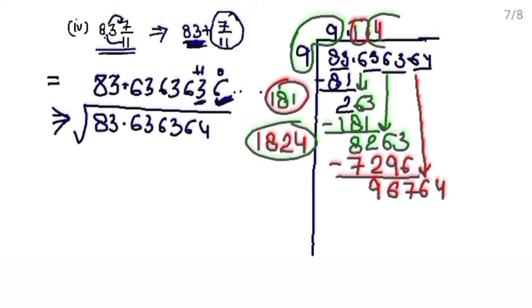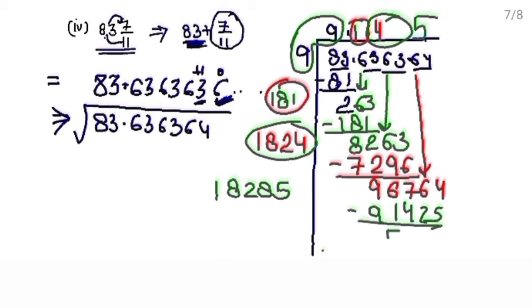Add this number to this one. We are getting 1828 multiplied by 5. This is 91,425. Subtracted, 5,339. So we have calculated the square root to 3 decimal places.